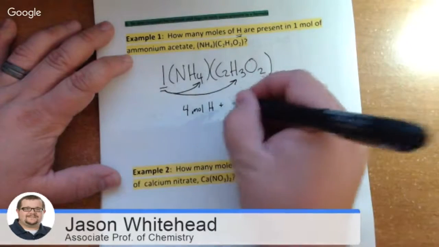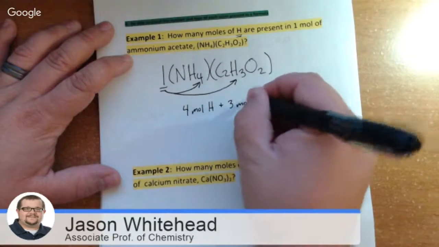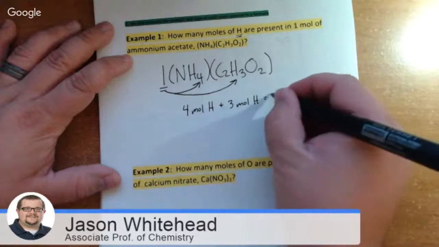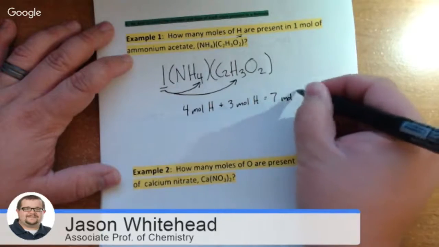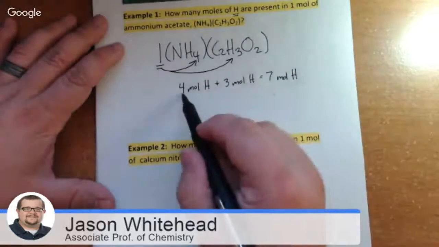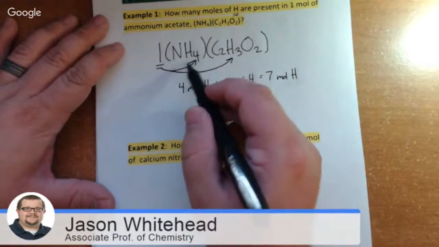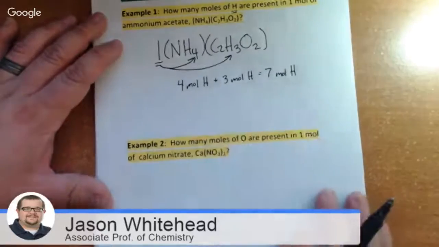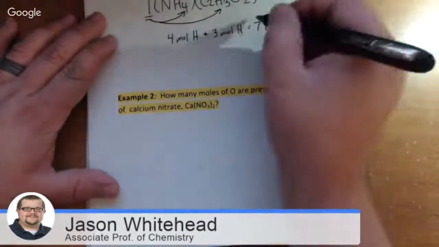So that's 1 times 3, 3 more moles of H. That gives me a total, 4 plus 3, of 7 moles of H. So you can't just take one spot. The 1 times 4, you've got to look for all the H's throughout the formula. So final answer, 7 moles of H.